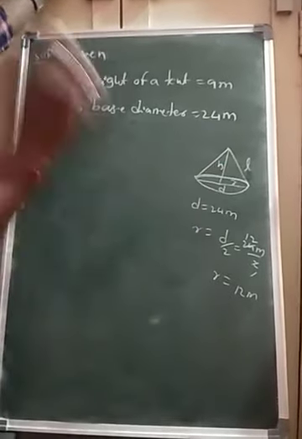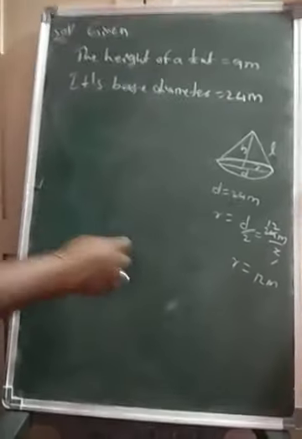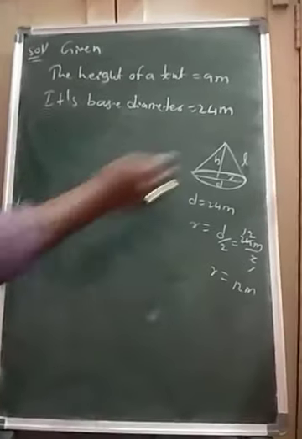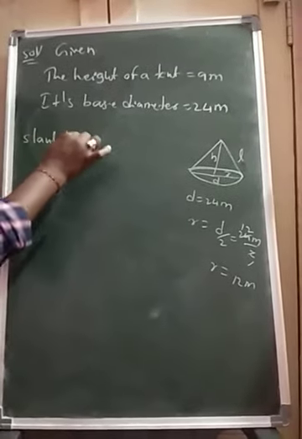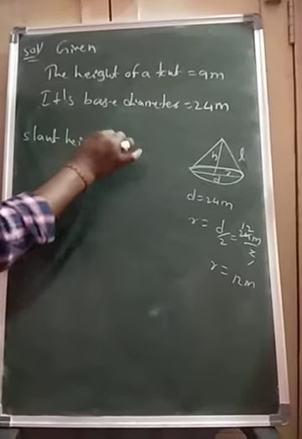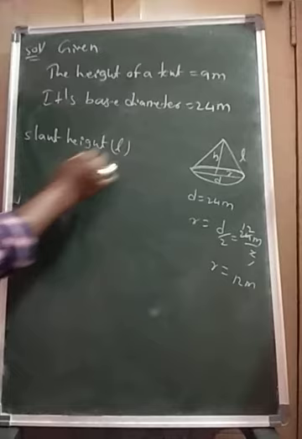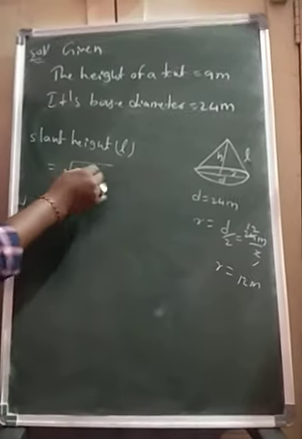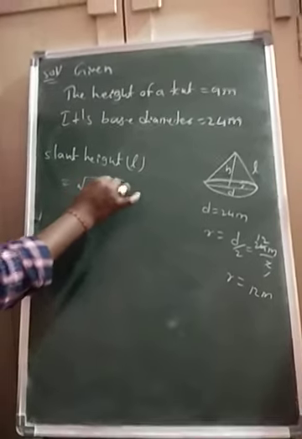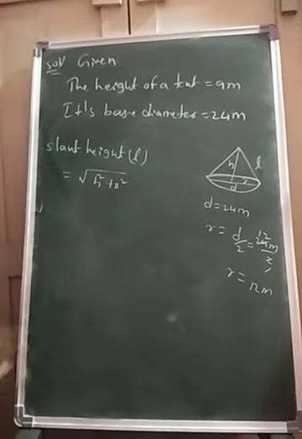Now I want the slant height. Slant height L is equal to the square root of h square plus r square.